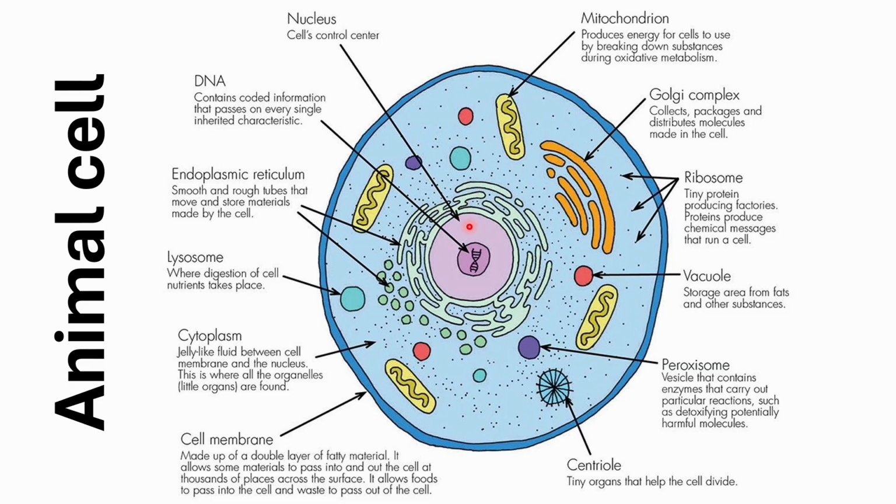You can see right here on the screen there are different organelles that are present in the cell. Let me make it easier to understand. Just like a human has organs in his body which work for the human, the same is the case with the cell. It has small organelles which work for the cell.